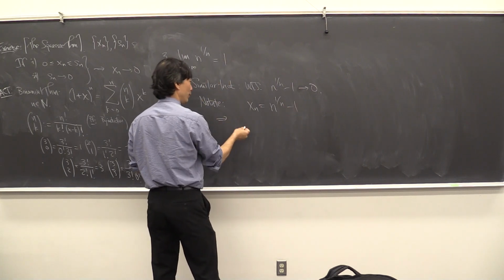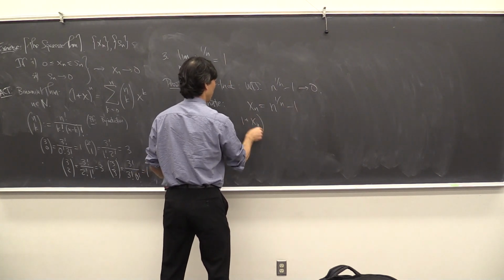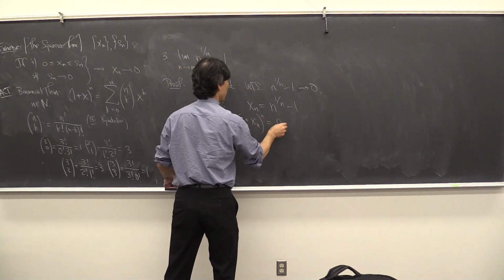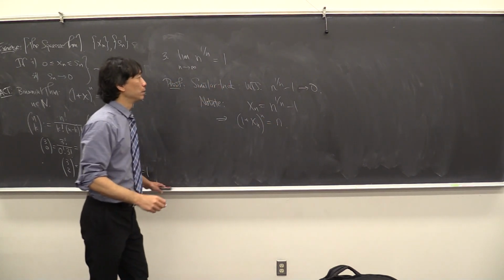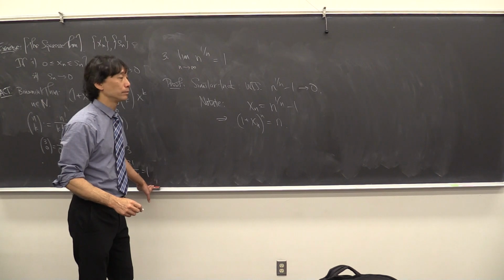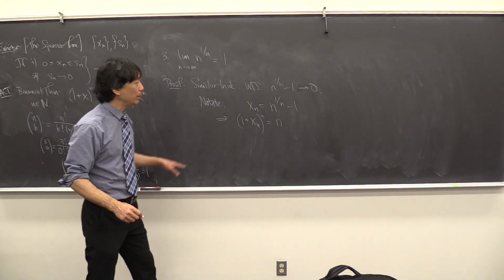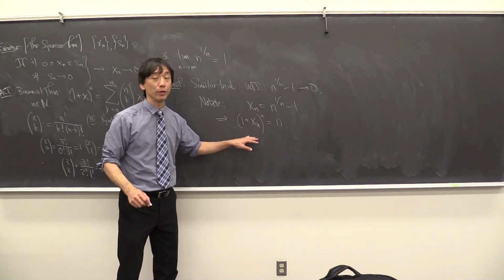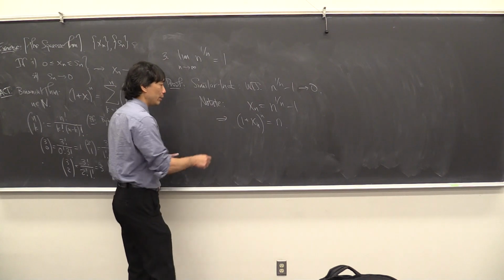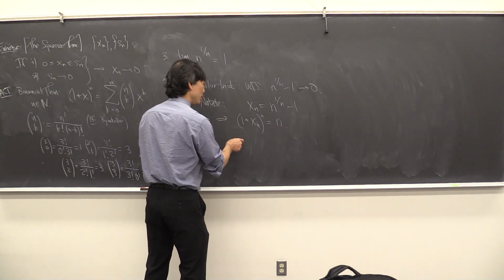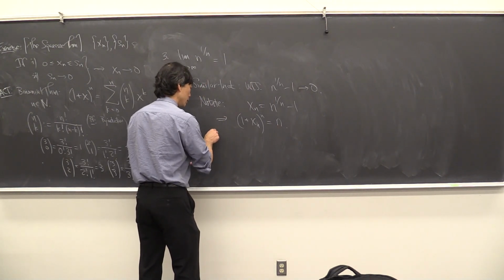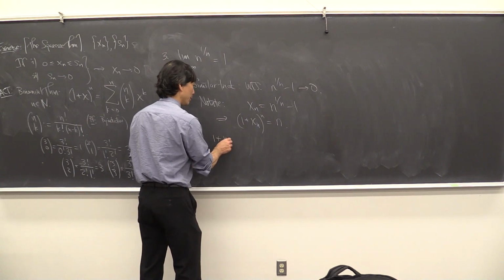As before, 1 plus x sub n to the n is n. Exactly the same trick as before so far. Now we pull out the binomial theorem, but look what happens if we try to play exactly the same trick.